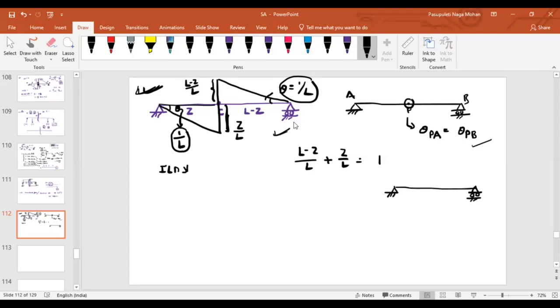Let us see if there is a point load or any UDL load, how the deflected shape will be. Like this, isn't it? If I'm talking about any arbitrary point, let us say this is some arbitrary point, you will say the slope at point P, isn't it?